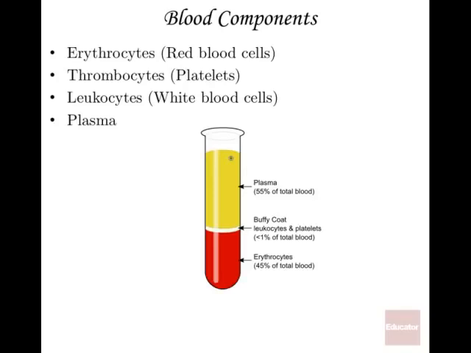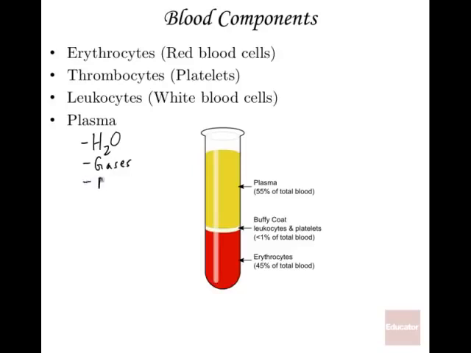Plasma. Yellow fluid. The particles dissolved in plasma is what gives it that yellow look. There are lots of particles dissolved in the plasma, the actual fluid of your blood. Of course, most of it is water. You also have gases. Oxygen, CO2, nitrogen gas, there's a lot of them.